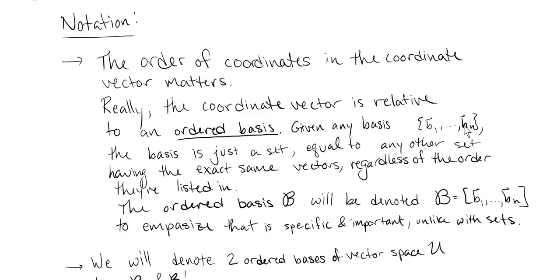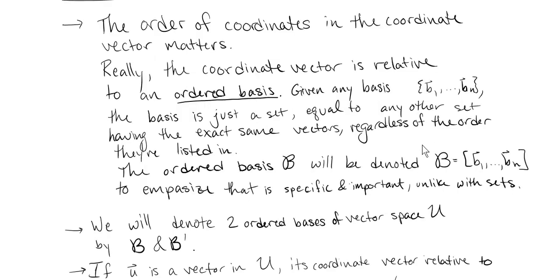Given any basis, a set of vectors B1 through Bn, the basis here, that is just a set, right? And a set is equal to any other set having that exact same collection of vectors, regardless of the order they're listed in. So this set, B1, B2, B3, all the way through Bn, would be the same if I wrote that set down with any other order for those vectors. A set really doesn't care what order you write these in.